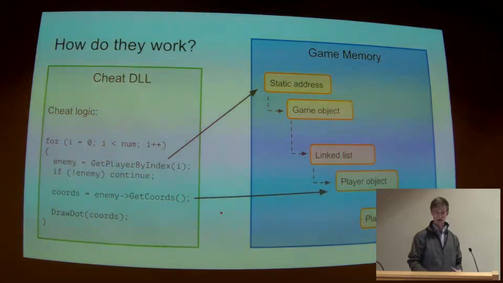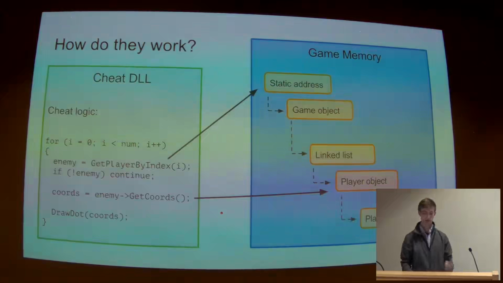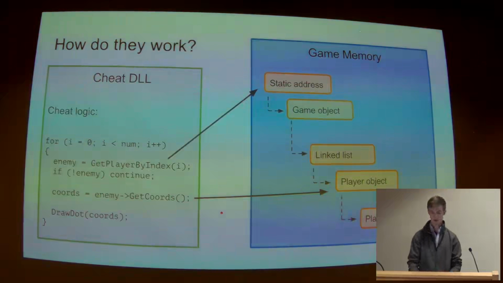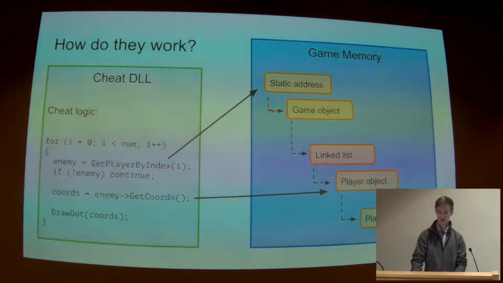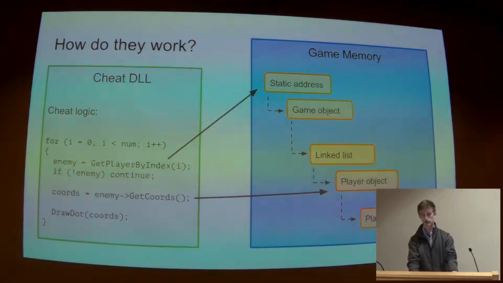And then it can get the player position out of the player object. So that's how these functions might work. The key concept here is that we're starting at a predictable address and performing a sequence of offsets and dereferences down to the data that we're actually interested in, which in this case is our player's position.